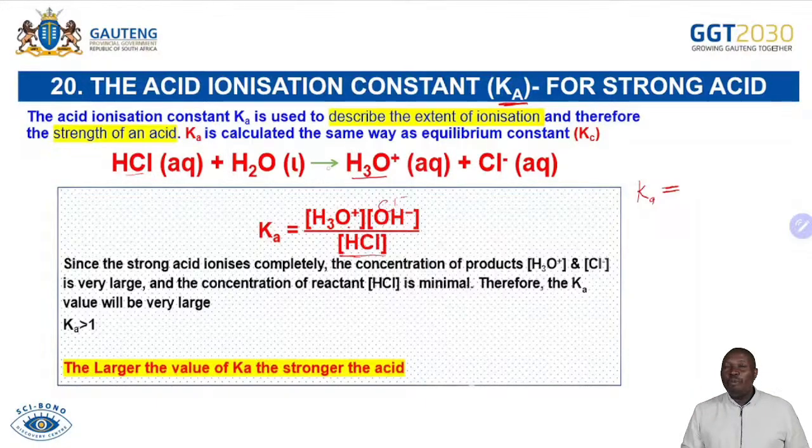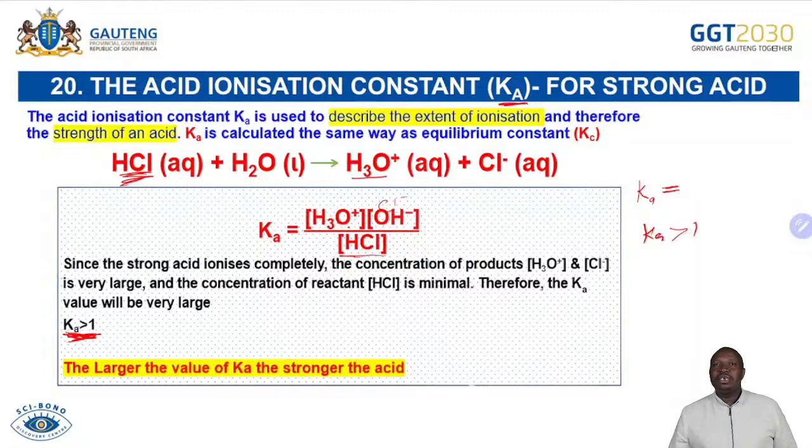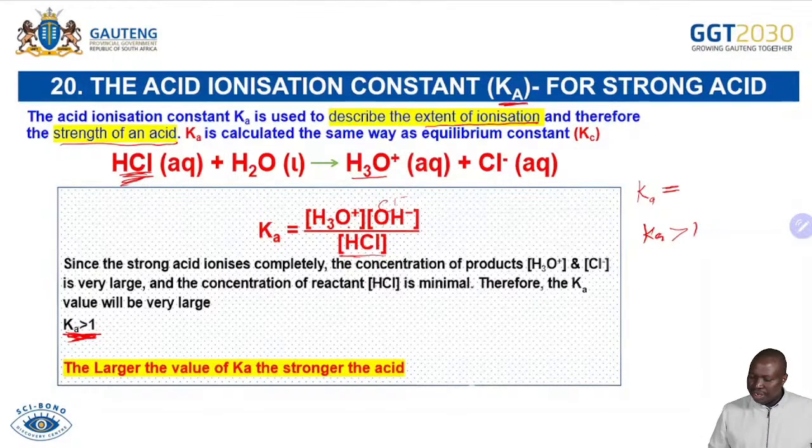So you are able to see that for the Ka value, this reaction is ionizing completely, which means we have very little HCl remaining. Hence, we are saying the Ka value will be very large, greater than 1. So immediately when we say the Ka value is greater than 1, we are saying this is a strong acid. The Ka value describes the extent of ionization and therefore gives us the strength of an acid.